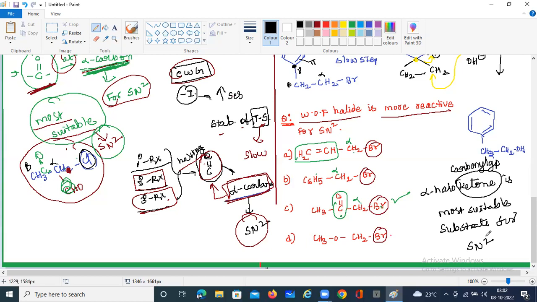This is the end of this session, and in the next part we will learn SN1. After the completion of SN1, we can see the differences between SN1 and SN2. After that we can discuss a few MCQs based on SN1 and SN2.